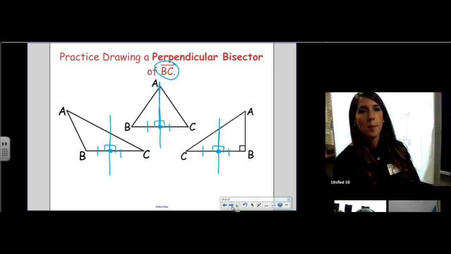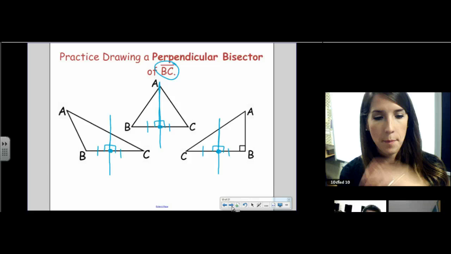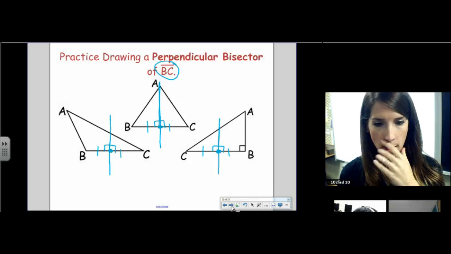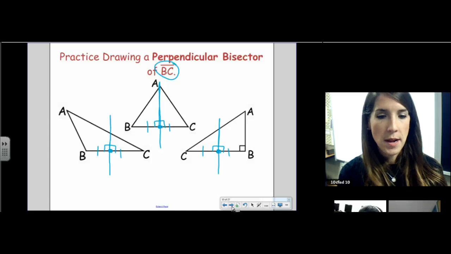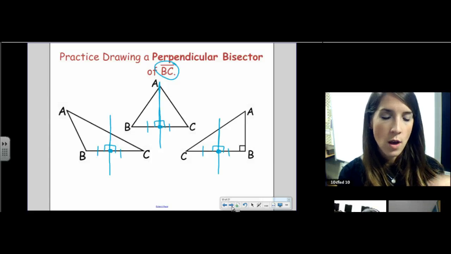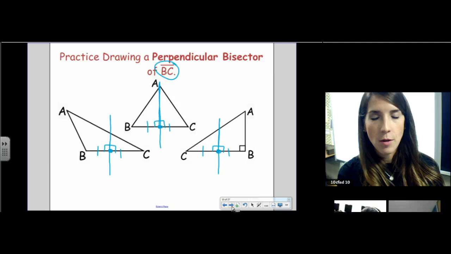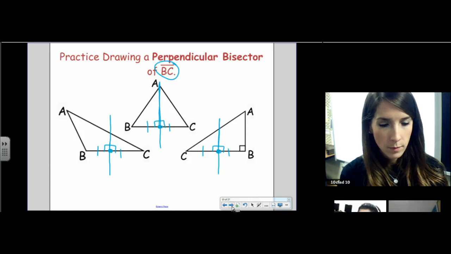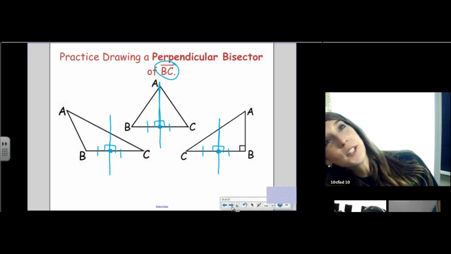Now, on purpose, I put three different triangles up here. I put an obtuse, an equilateral, and a right triangle. So notice what the perpendicular bisector looks like in each one. What's unique about the equilateral triangle that doesn't happen in the other two triangles? Oh, well, we'll talk about that later.